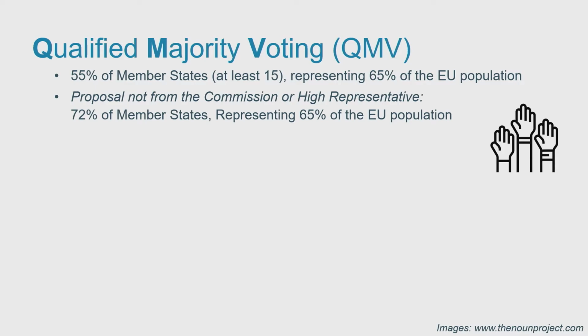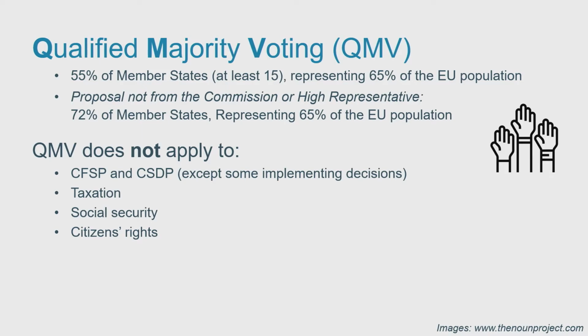Qualified majority voting does not apply to politically sensitive policy areas such as the common foreign and security policy and the common security and defense policy, with a few exceptions, of course. Taxation, social security, and citizens' rights are also excluded and rather decided upon by unanimity.